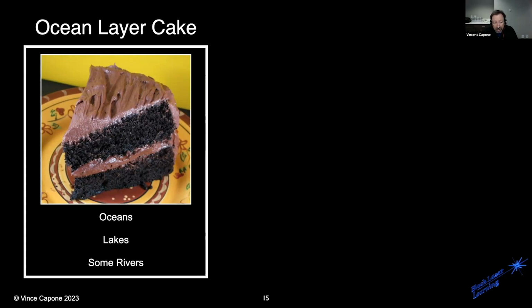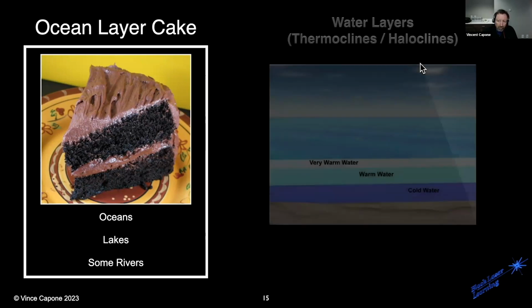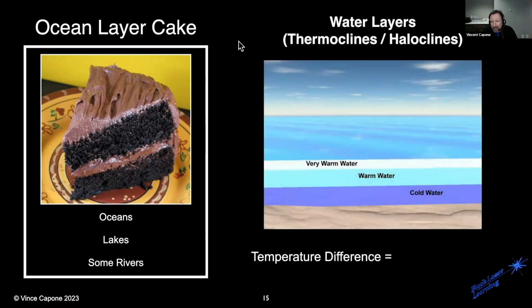So these layers play a role with our acoustics. They can be determined by temperature. So if you have very warm water over cold water, anyone who's dove up north, especially in the lakes, you get 2 or 3 thermoclines on your way to the bottom.